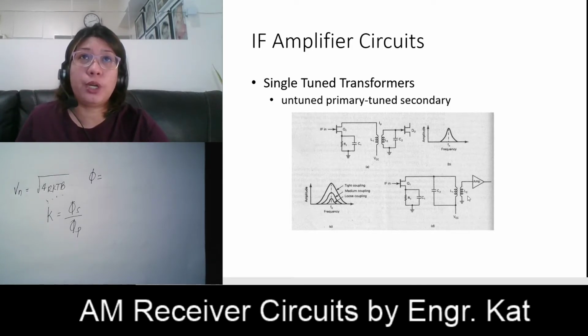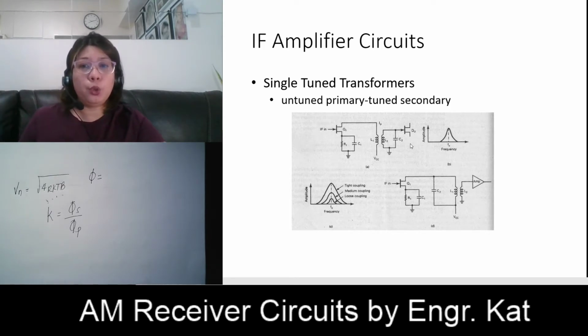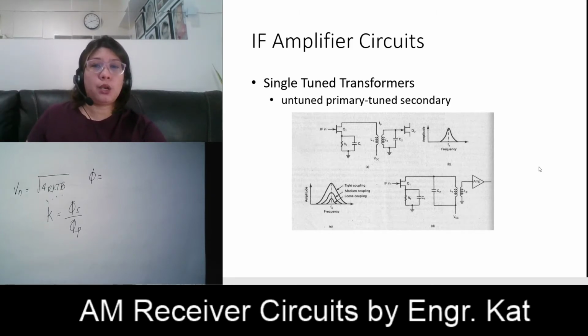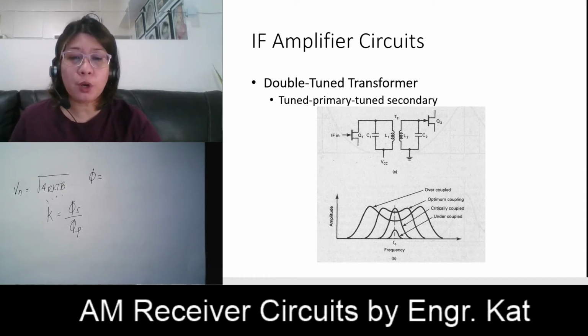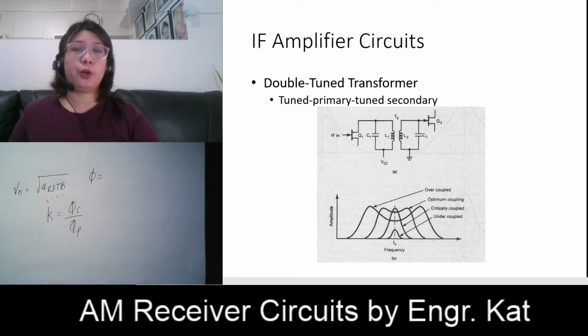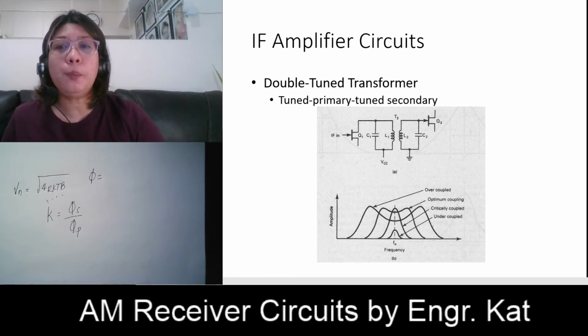So this one is untuned primary and tuned secondary, and this one is tuned primary and untuned secondary. The next category for transformer coupled amplifiers is our double tuned transformer. This is an example of our double tuned transformer. As you can see, we have here a tuned primary.